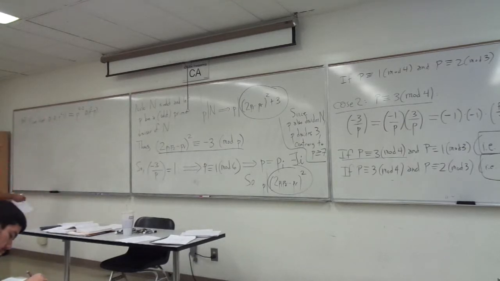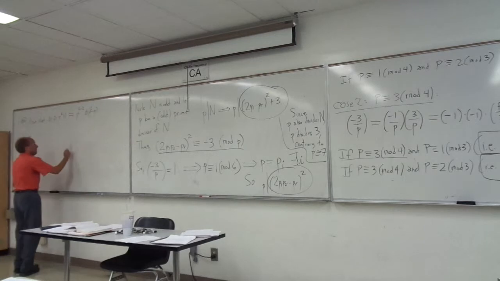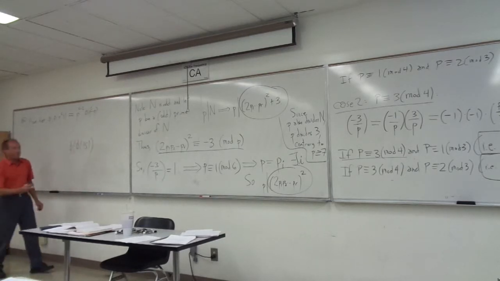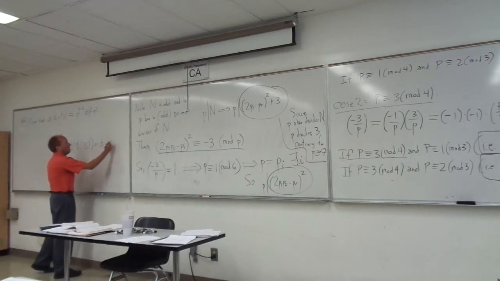Okay, here's one thing I don't want anybody to do. Okay, everybody paying attention to me? Let's suppose I ask you how many primitive roots there are to the number 15. And so somebody does this, phi of 15, which is phi of 5 times phi of 3.